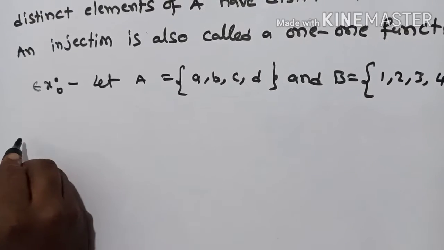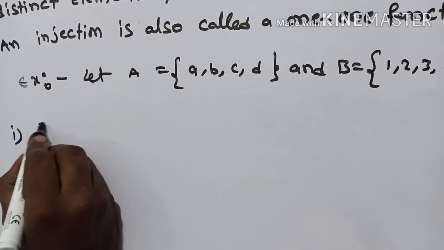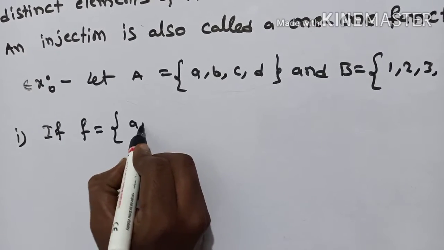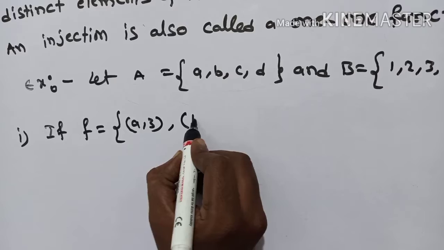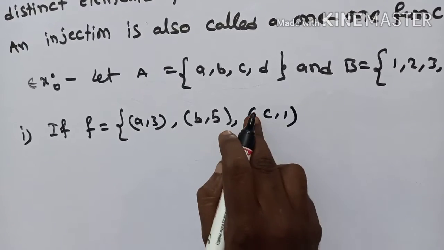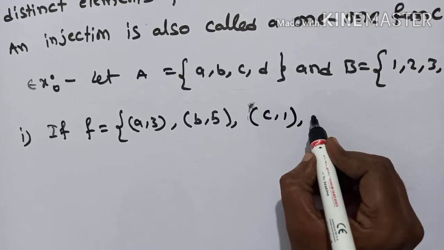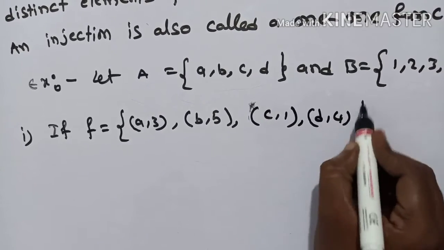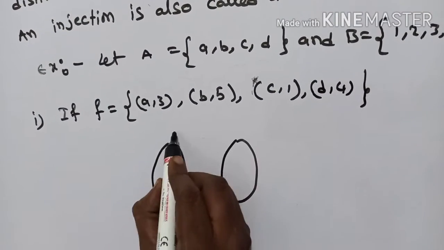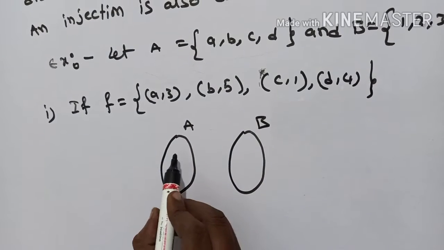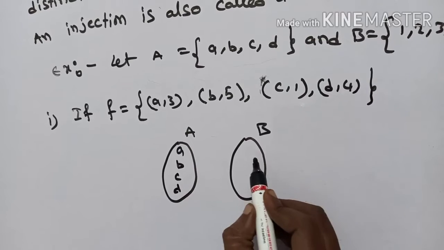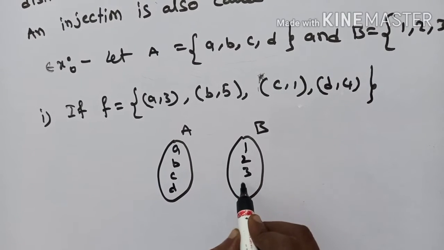First one: F is equal to {(a, 3), (b, 5), (c, 1), (d, 4)}. This is the domain, this is the codomain. a, b, c, d are the domain elements. Codomain elements are 1, 2, 3, 4, 5.